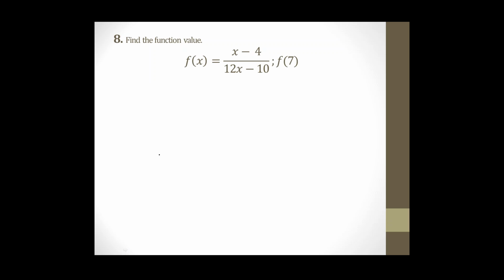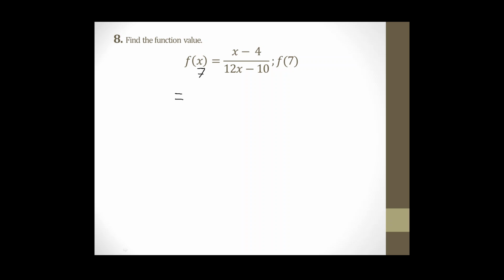Okay, I'm finding the function value. As you see here, it says f of x, and here it says f of 7. So basically, all they're asking me is to substitute this x for 7, meaning every time I find an x in my function, I'm going to substitute it for 7.